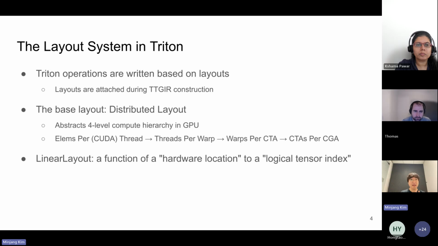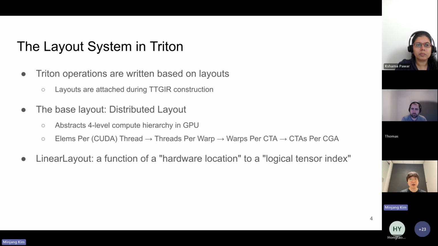A very quick overview of the layout system in Triton. Everybody knows that Triton operations are written based on the layout. Layouts are a really key part of our Triton system, and these layouts are attached during TTGIR construction time.